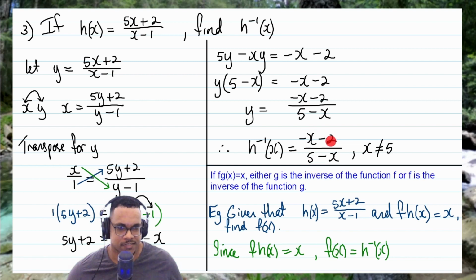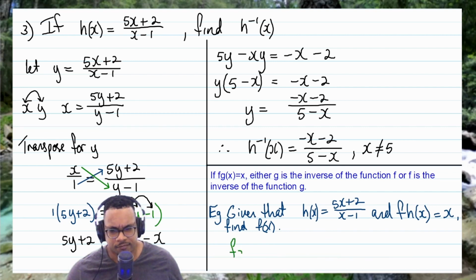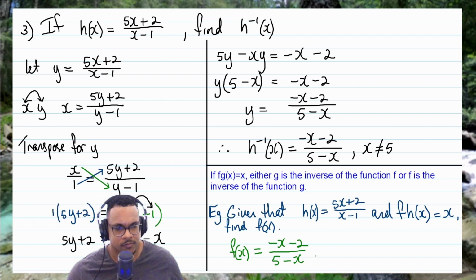So this would be our answer for f of x for this question here. So in other words, in a question like this, they just want you to find what is the inverse of this function h of x. So I'll have f of x is equal to negative x take away 2 divided by 5 take away x, where x is not equal to 5.